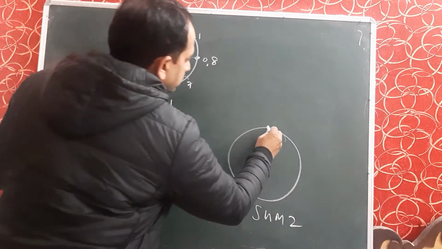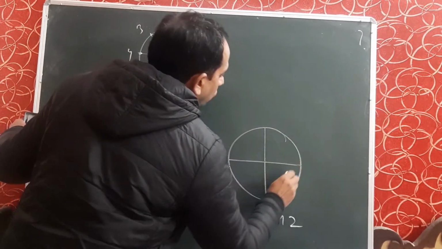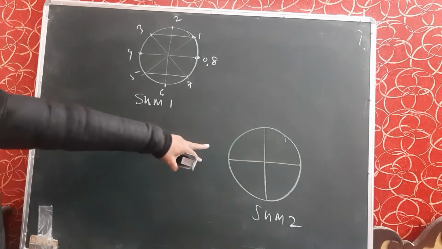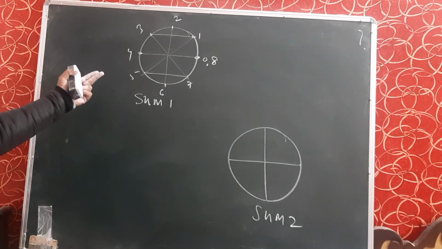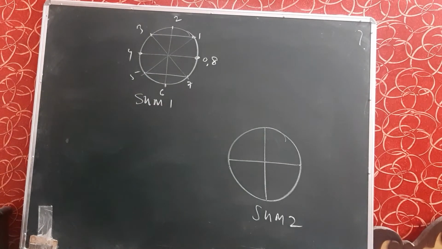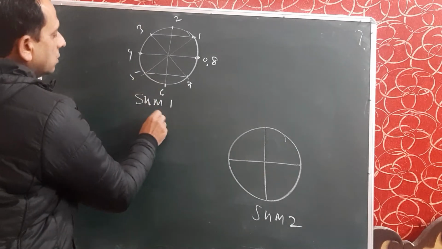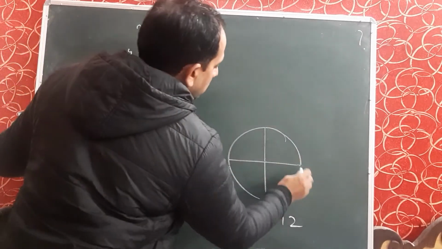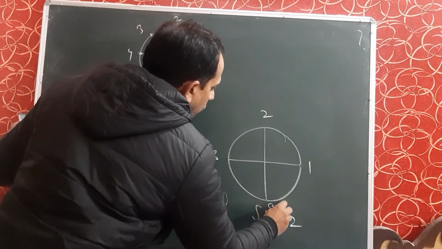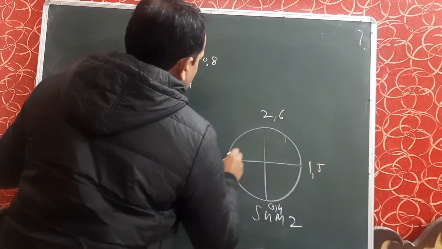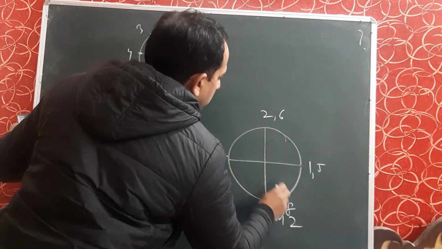In the second case, we will split this circle into 4 parts. Why is it split into 4 parts? Because the ratio of the frequency is 1:2, so it is twice. So it is 0, 1, 2, 3, 4, and 5, 6, 7, 8.